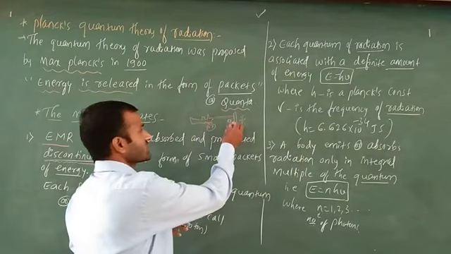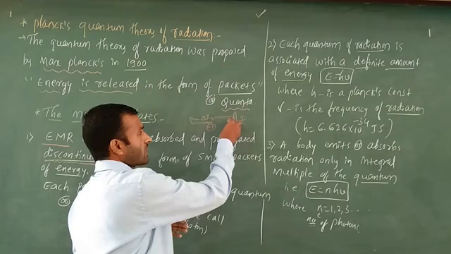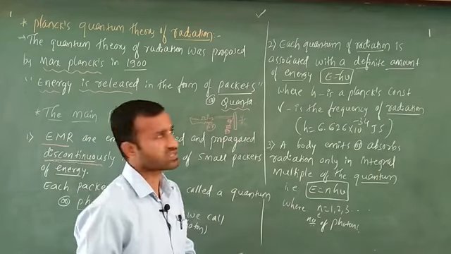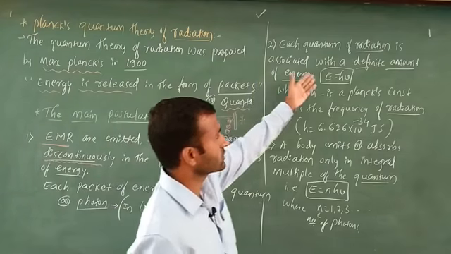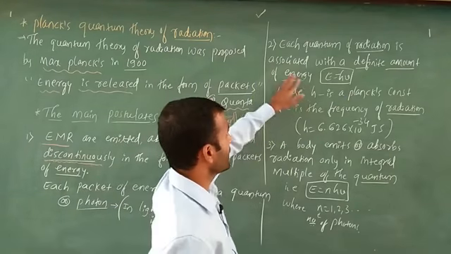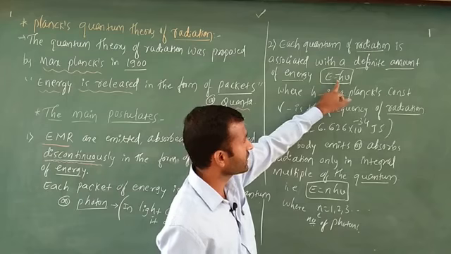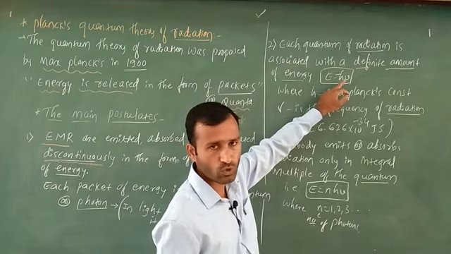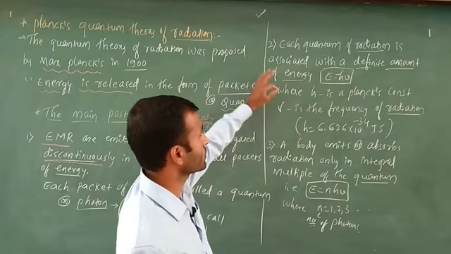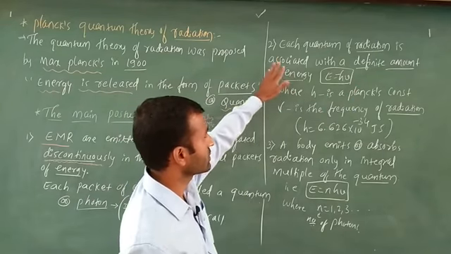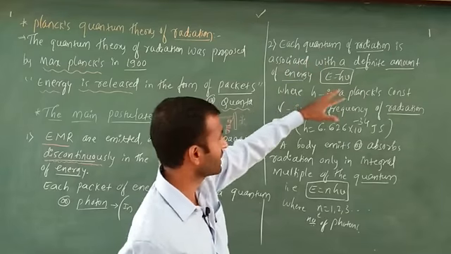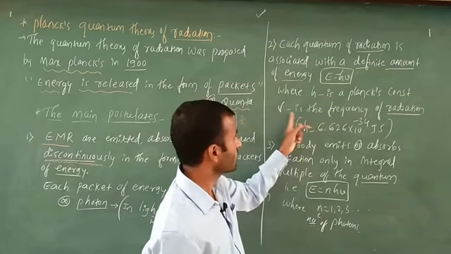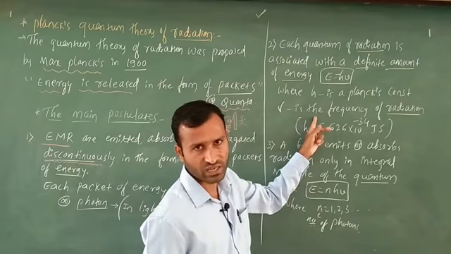Just as this bullet that falls down has some definite amount of energy. That energy is represented by E equal to h nu. This formula is the most important: E equal to h nu, for each quantum of radiation. Here h is the Planck constant and nu is the frequency of radiation.